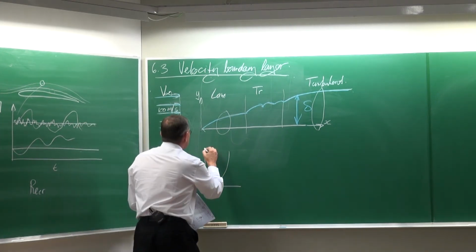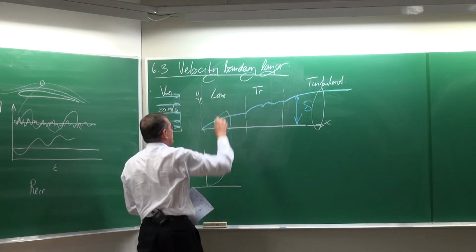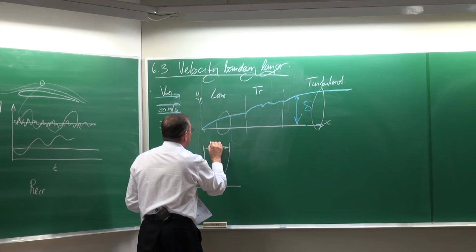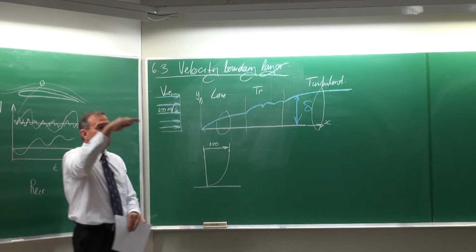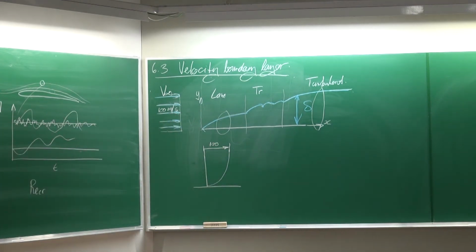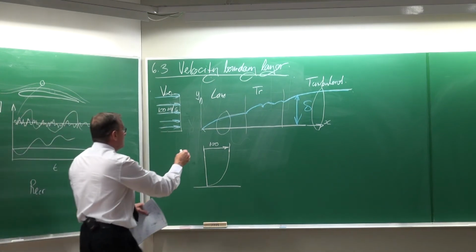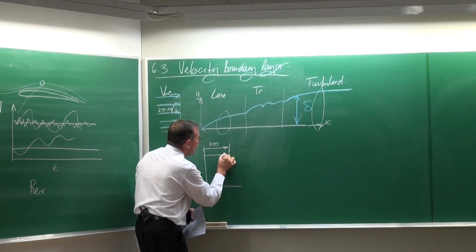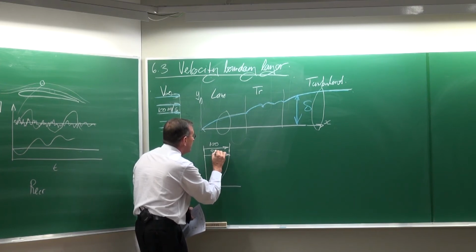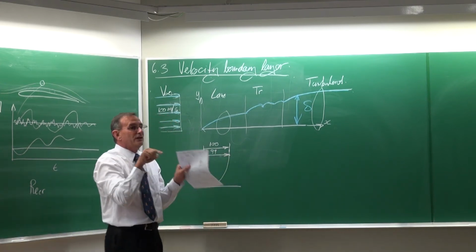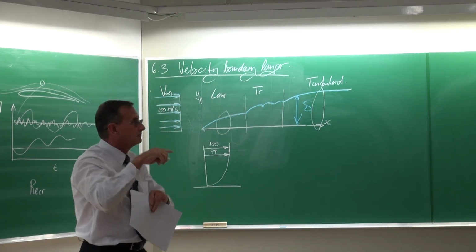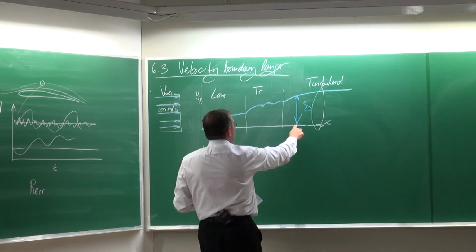Then, if we go far away from this flat plate, then the velocity would also be 100 meters per second. If we go closer and closer and get to the point where the velocity is 99 meters per second, then we define that distance as the boundary layer height, lambda.